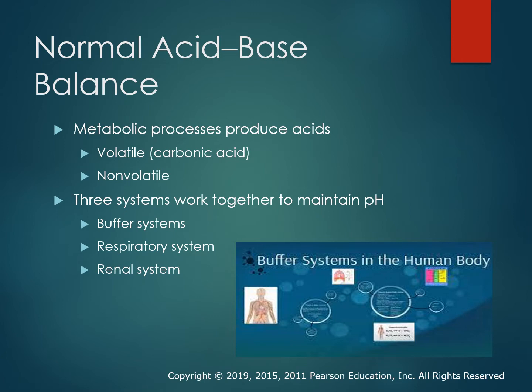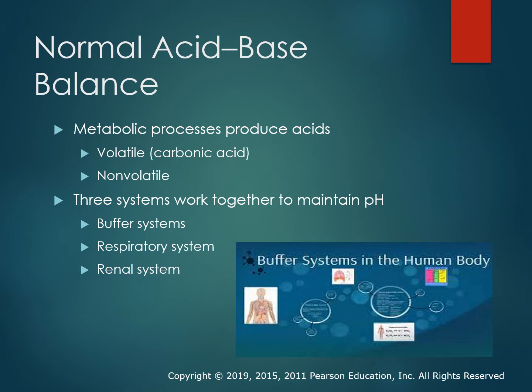Examples are lactic acid, resulting from cellular destruction; hydrochloric acid, found in stomach secretions; phosphoric acid from the oxidation of phospholipids and phosphoproteins; and sulfuric acid, formed by oxidation of sulfur-containing amino acids.